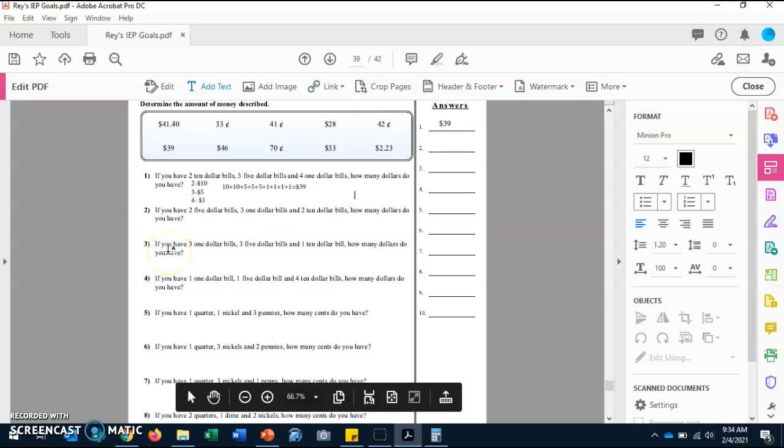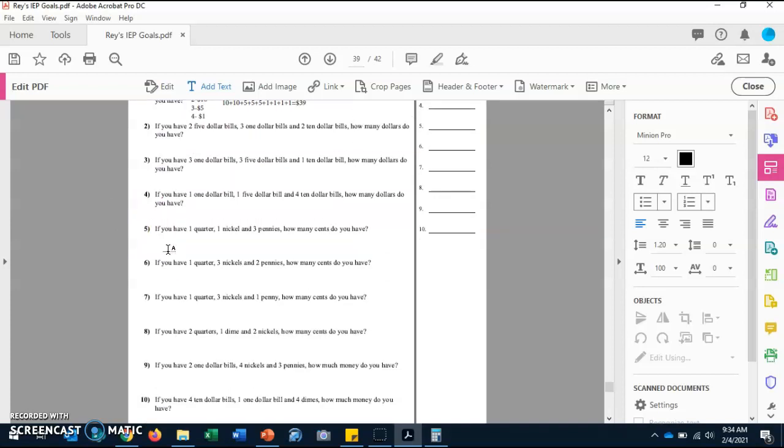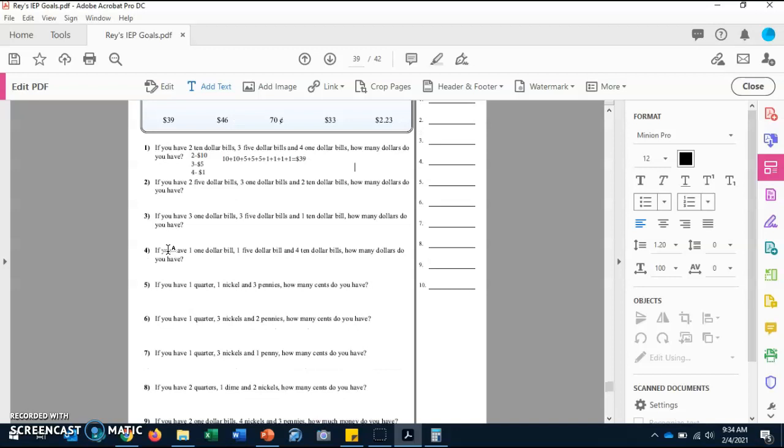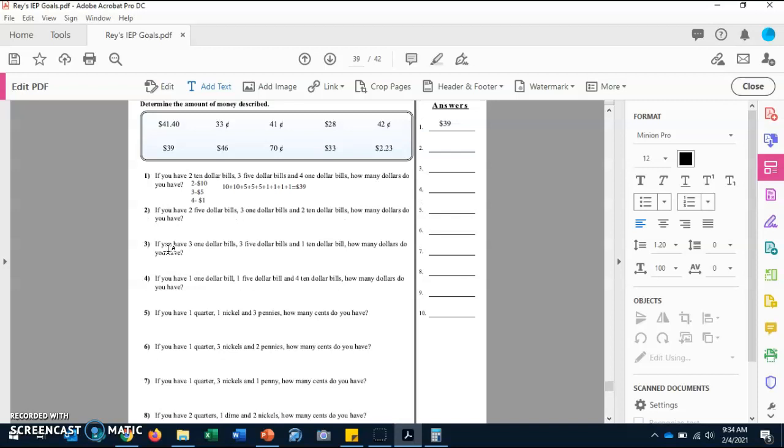And that is what you are going to do for the rest of the questions, Ray. You're just going to find out how much money or how many dollars they have. If you write your dollar bills like the way we did here, and then you add them, you write down what you're going to add before you go to the calculator. This is going to help you a lot so you won't make a mistake.